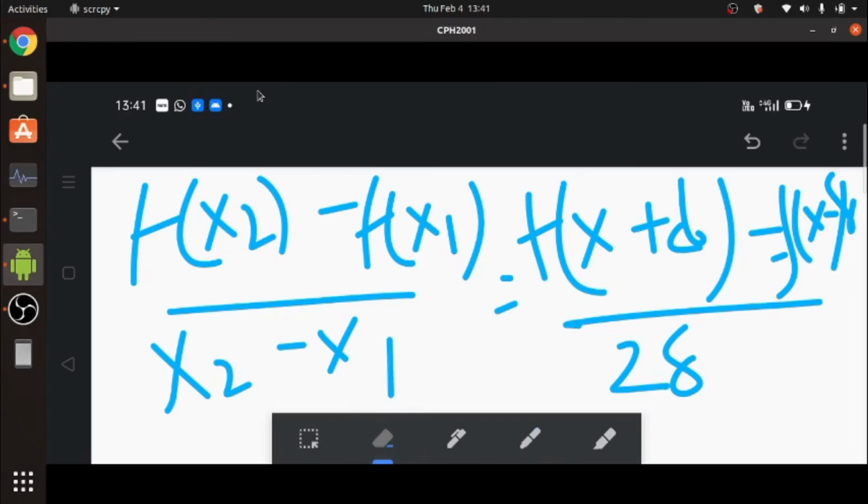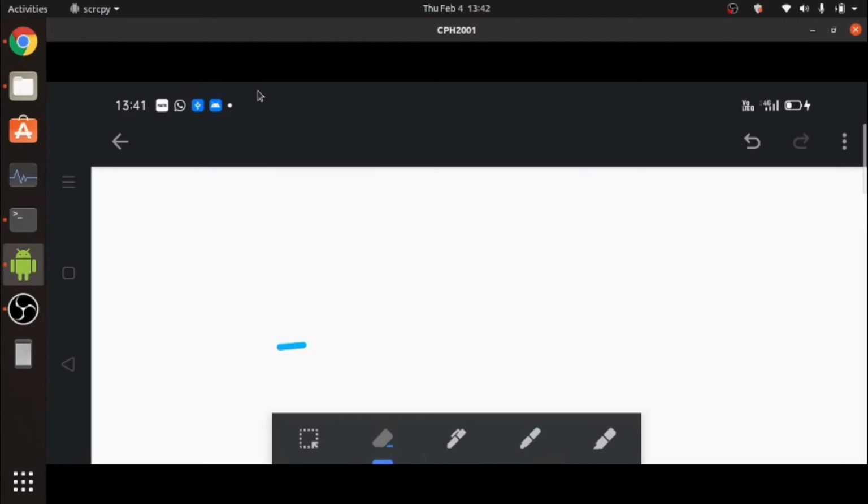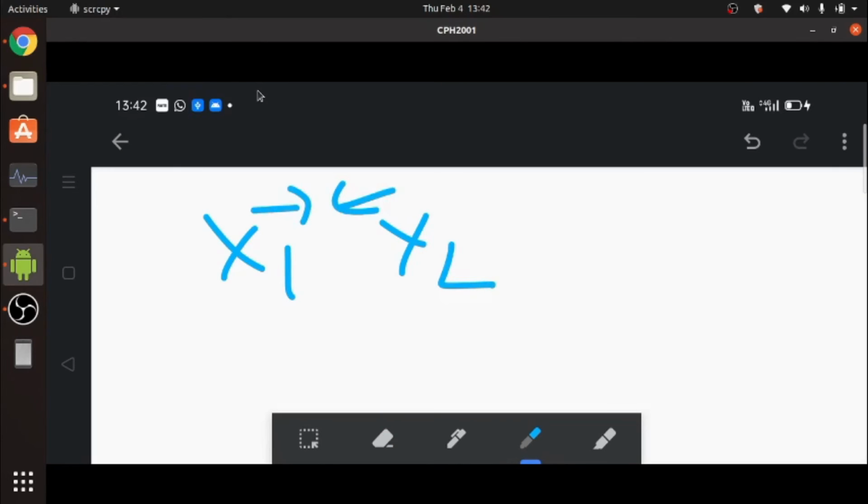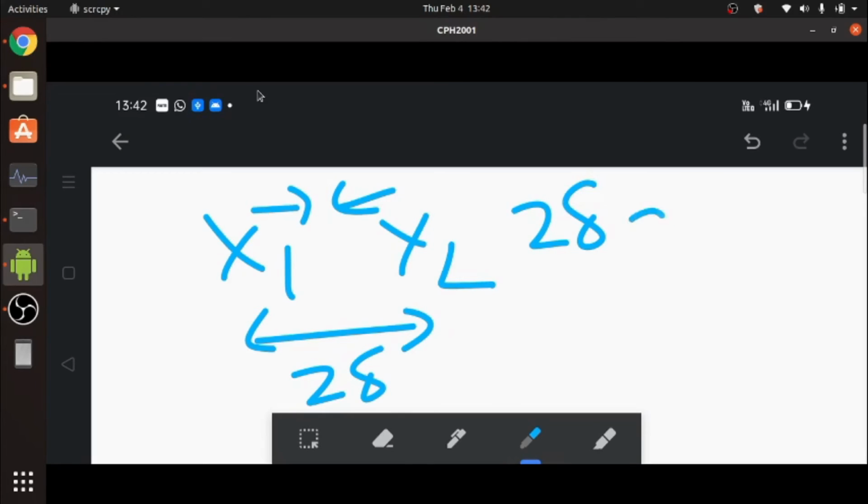Now suppose x1 and x2 are very close to each other, so the difference is 2 delta. If they're really close, then 2 delta is almost equal to 0.